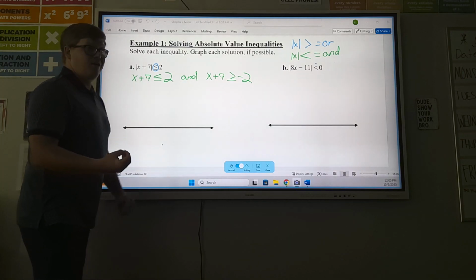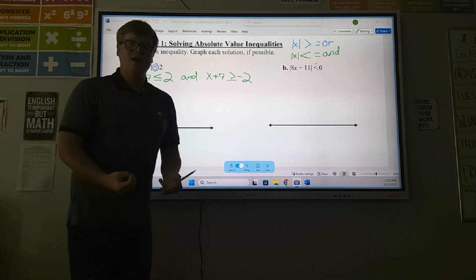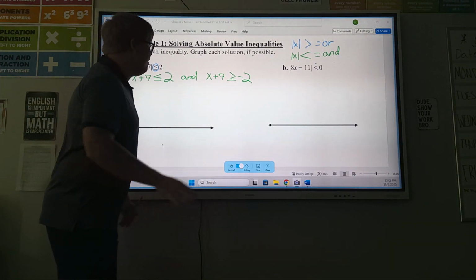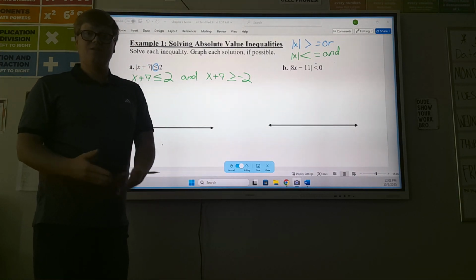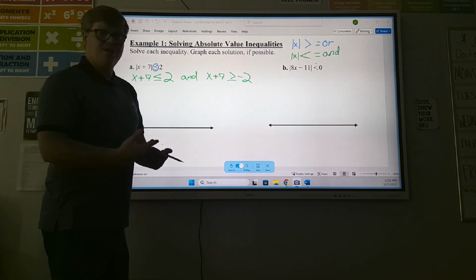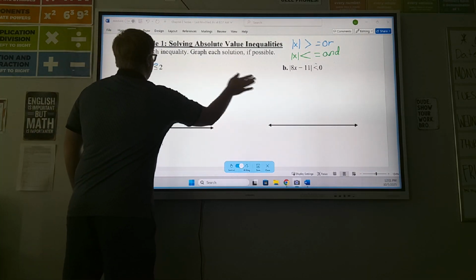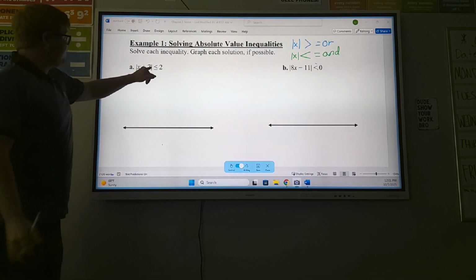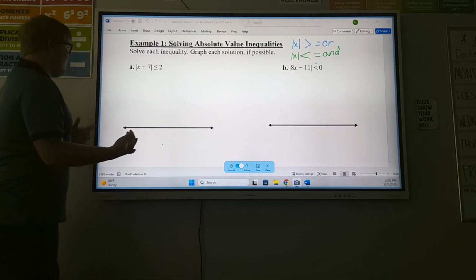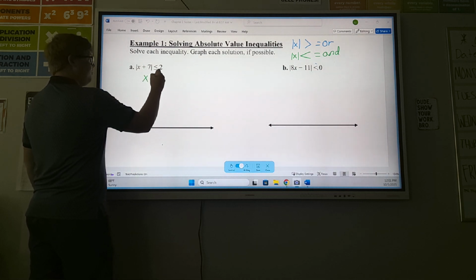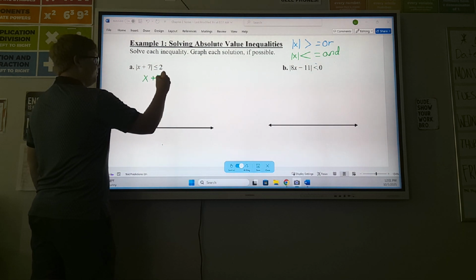The easier way, or I wouldn't say the easier way, but the quicker way, and I know that high school students really like to solve things quick, right, is we can actually solve these both at the exact same time by putting them into an and compound inequality. So, again, we discussed, this means it's and. All we have to do is we copy what's inside our absolute value bars. We have x plus 7.